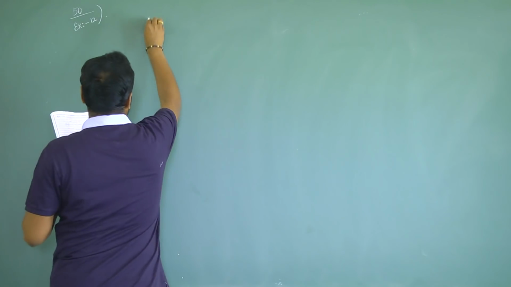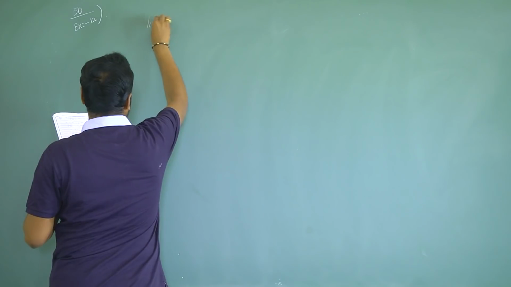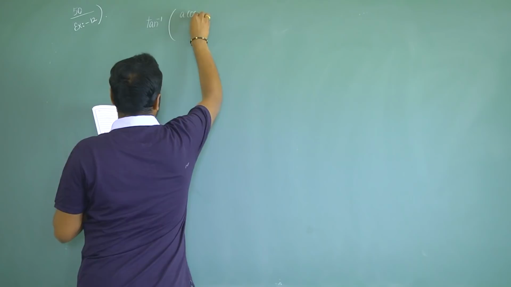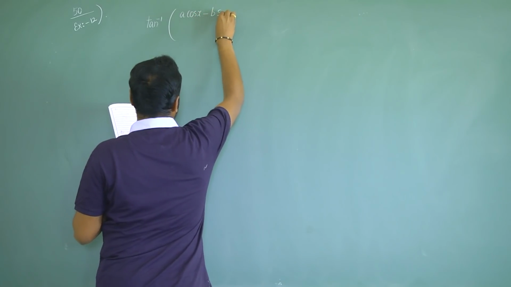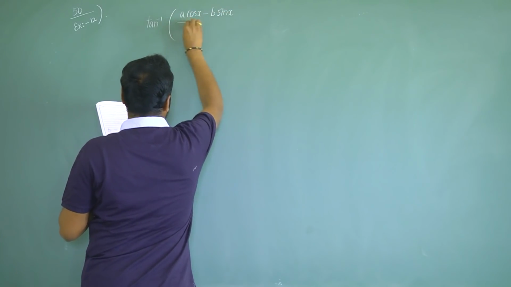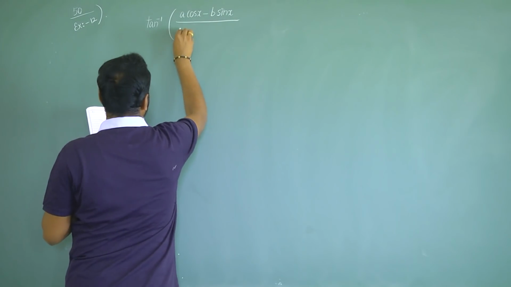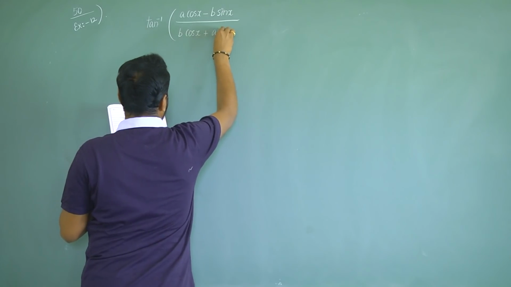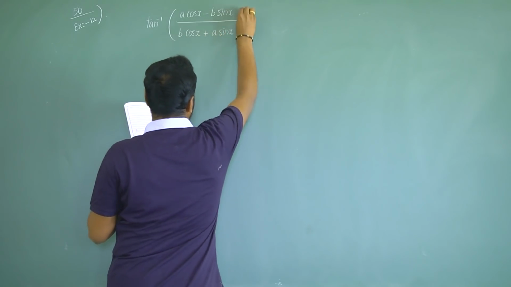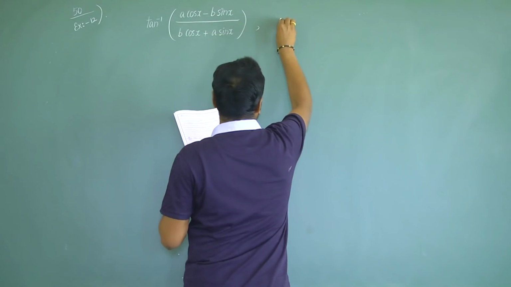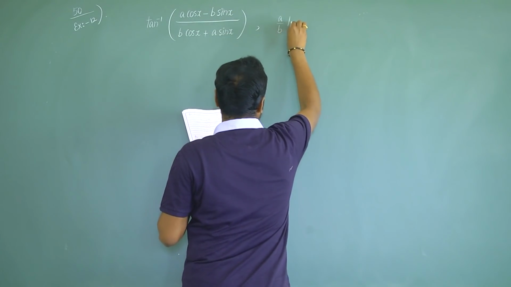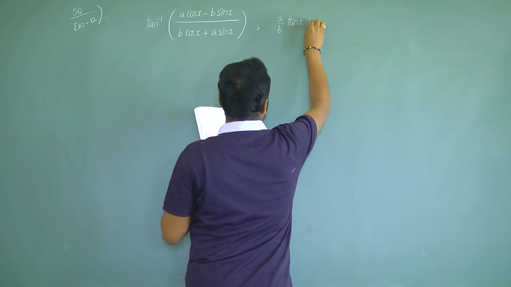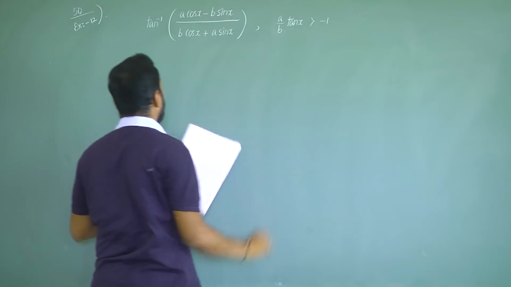The same model, simplification: tan inverse of (a cos x minus b sin x) divided by (b cos x plus a sin x), with the condition (a/b) times tan x is greater than minus 1.